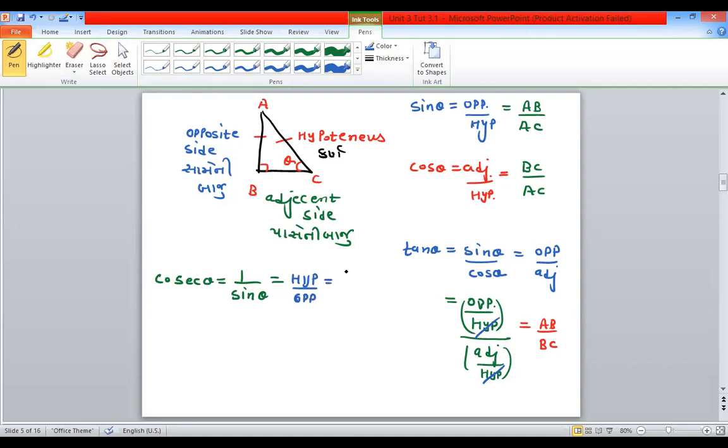And look here, hypotenuse is AC and upon AB.